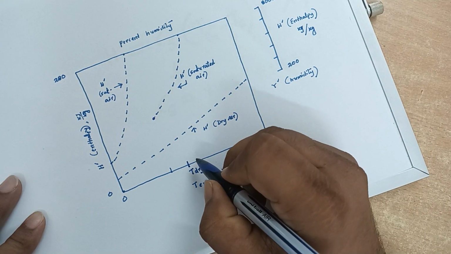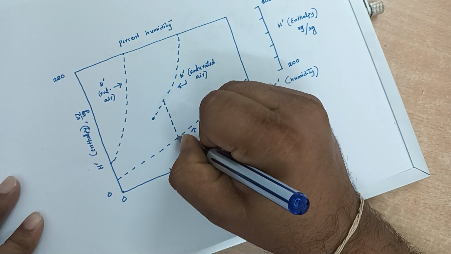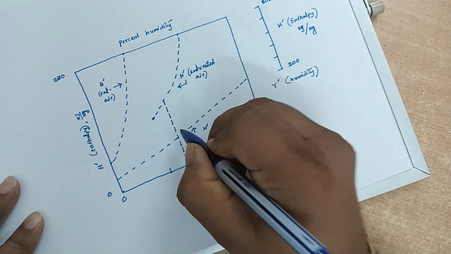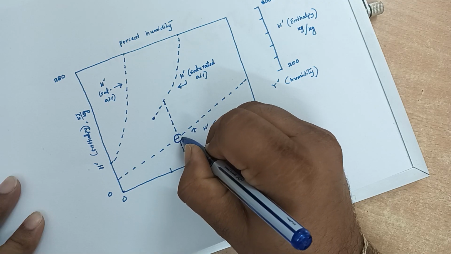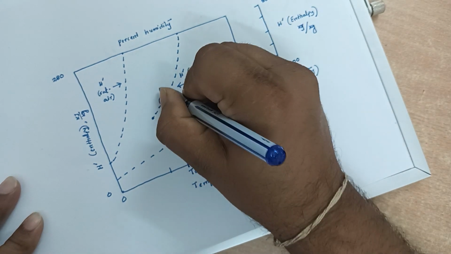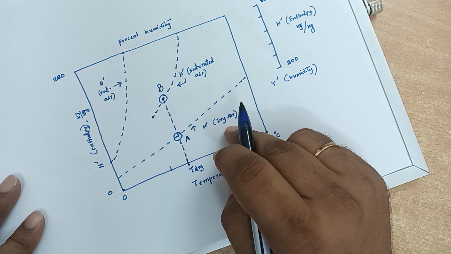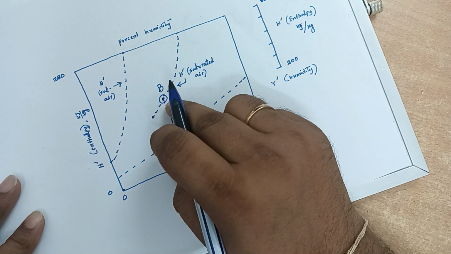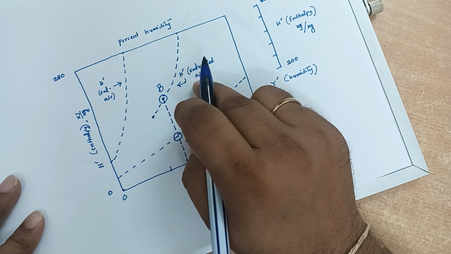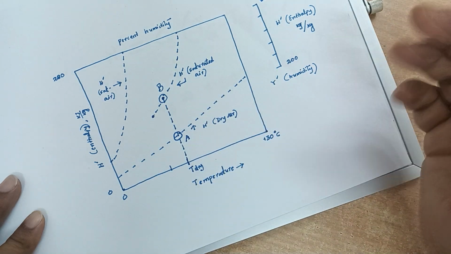From the dry bulb temperature, draw a vertical line. If you draw a vertical line, it will intersect two different points, point A and point B. Point A corresponds to enthalpy of dry air and point B corresponds to enthalpy of saturated air with respect to the dry bulb temperature that is given in the question.